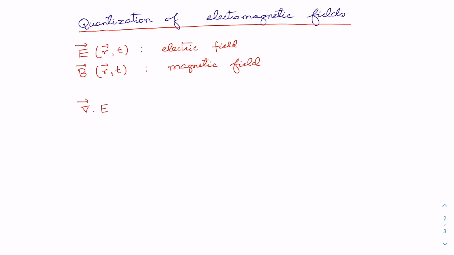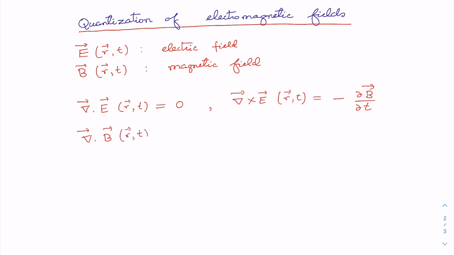The Maxwell equations for an electromagnetic field in free space are given by: divergence of E is equal to 0, curl of E is equal to minus del B by del t, divergence of B is equal to 0, and curl of B is equal to 1 by c squared del E by del t.